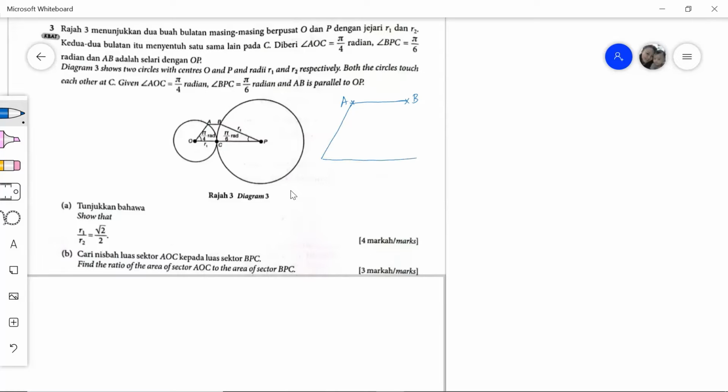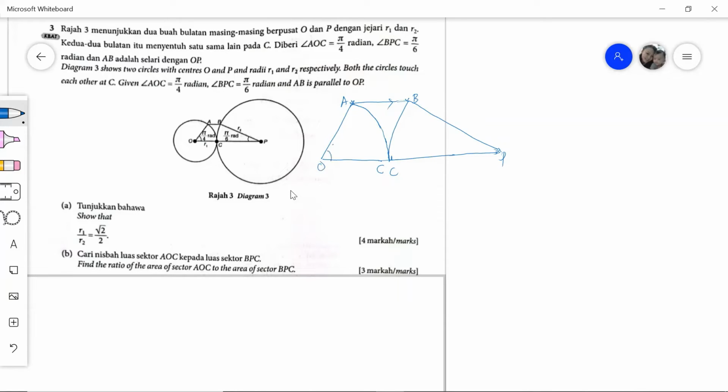And then because this is a sector, let me just draw and put this as C. And then from here, join to B. This is the sector with center P. So this is P, and this is C. And then this is O.